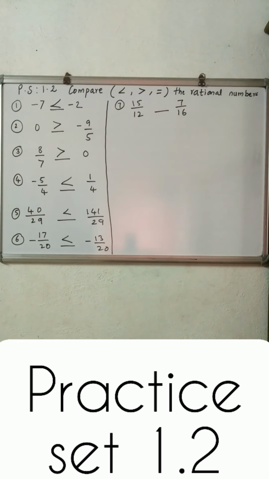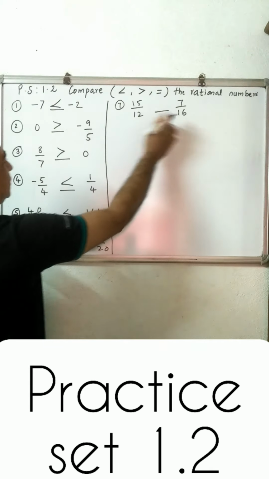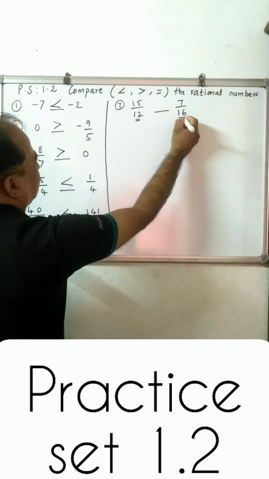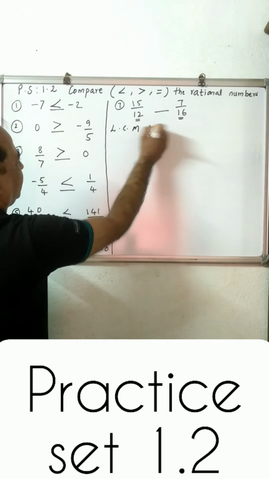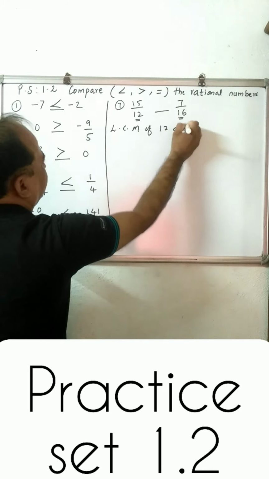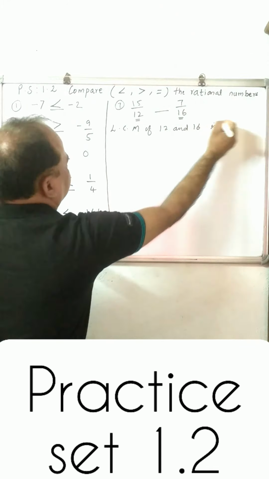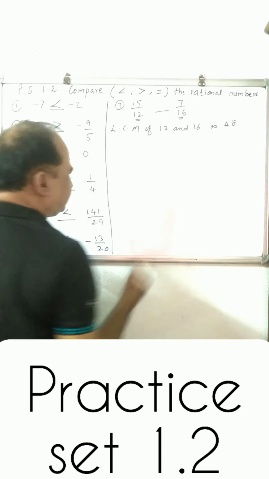When the denominators are different, the first step is we should make the denominators of these rational numbers same. Now you should find the least common multiple, LCM, of these denominators. Least common multiple of 12 and 16 is 48.